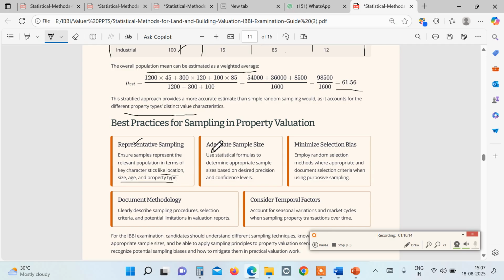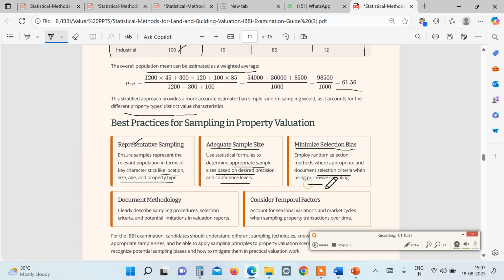And then you must have adequate sample size. Use statistical formulas to determine the appropriate sample size based upon desired precision and confidence level.